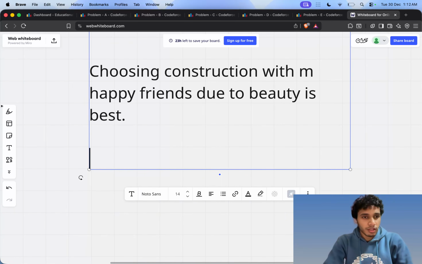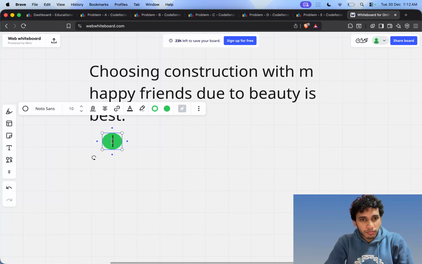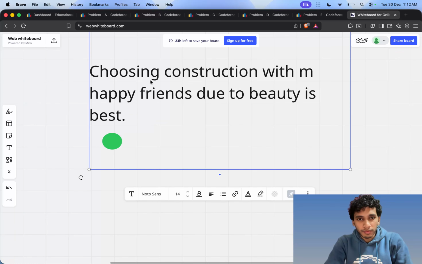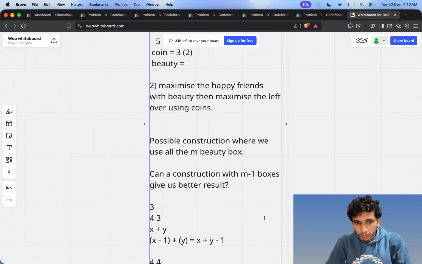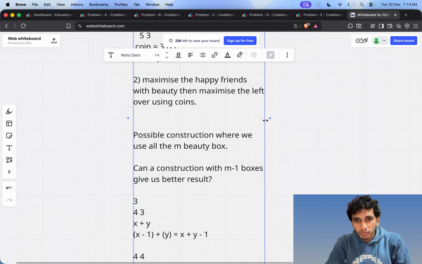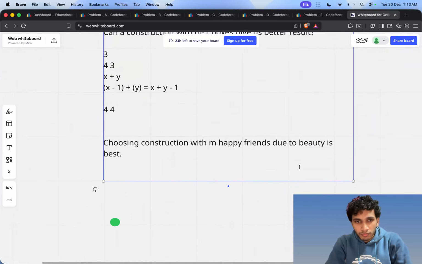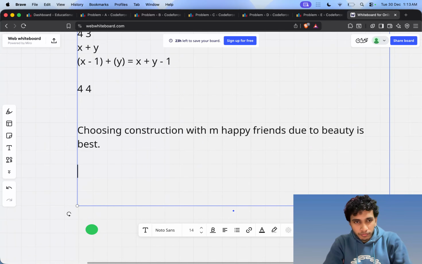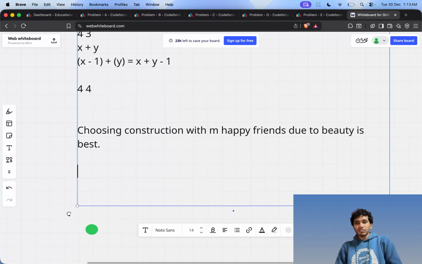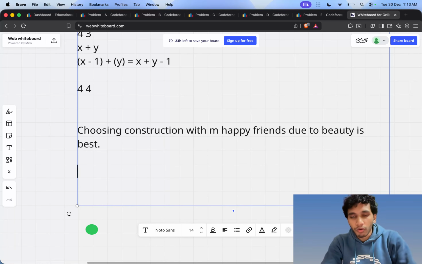So let's have an example. How can we find the best possible construction where we choose the maximum number of friends who are happy due to beauty?